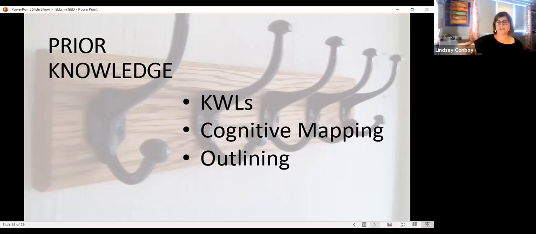And then you can also connect that back to the cognitive mapping. But sometimes the learners' brains are different, and the chaoticness of the cognitive mapping may not work for some students. So the outlining may help them in that linear form to be able to see what they need to see.